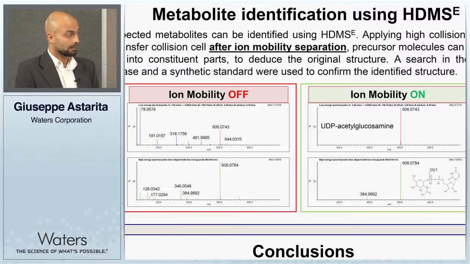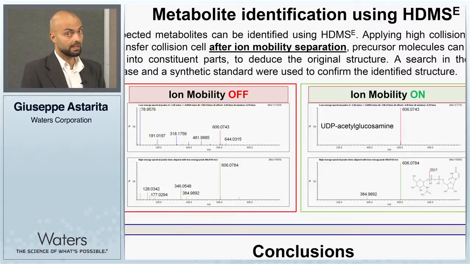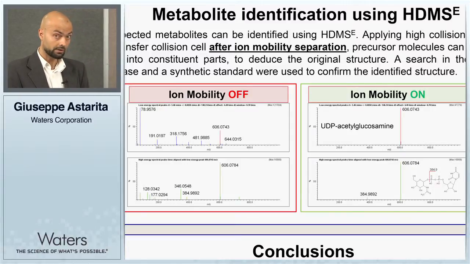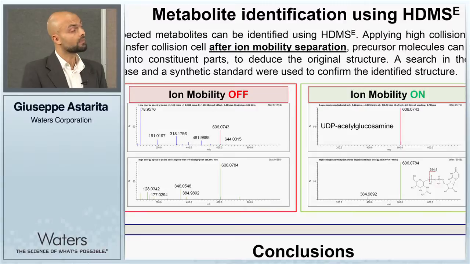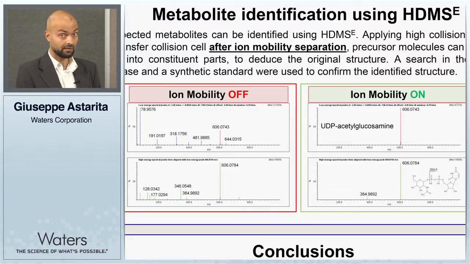Without ion mobility, we have a much more complicated spectrum for both precursor ion, top panel, and fragment ions in the lower panel. However, when ion mobility was turned on, we have a much cleaner spectrum for precursor ion and fragments, which allows a better, more specific identification.